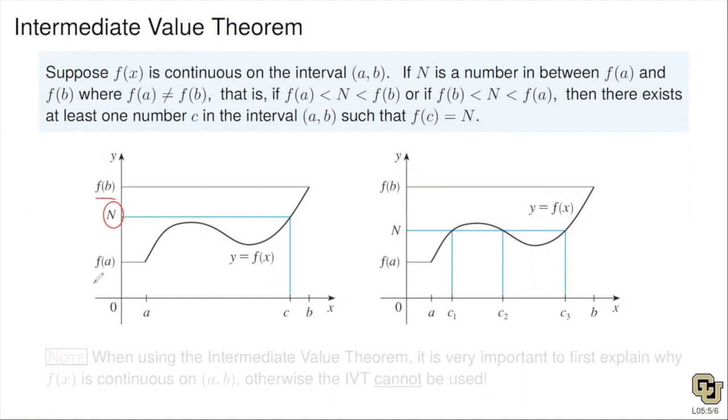The theorem says if the function is continuous, and here you see a nice continuous function, then there must exist a point c in the domain such that f of c equals N. So here, for this number c, we have f of c equals N.